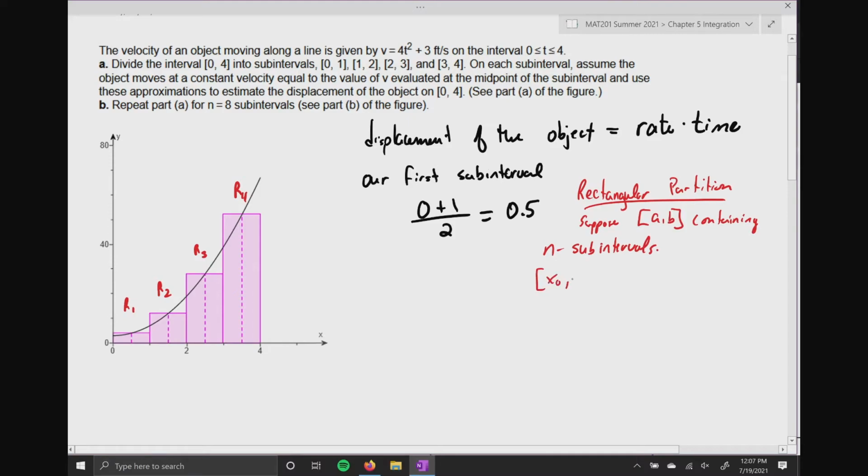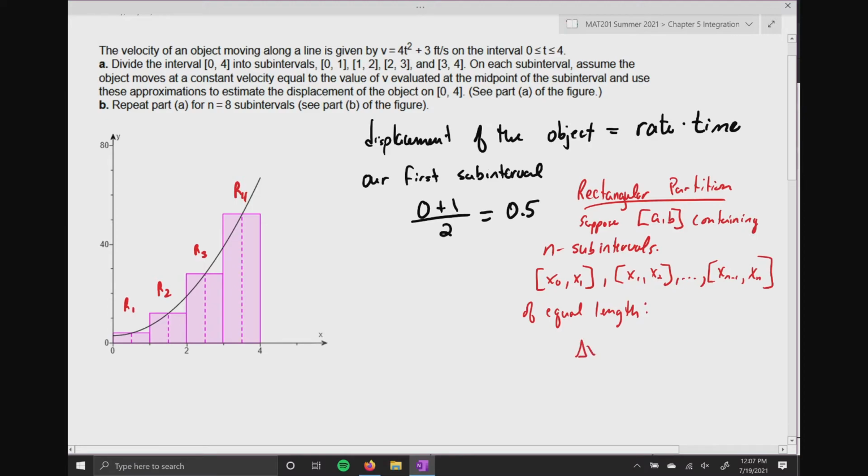We can call these intervals x0 to x1, then x1 to x2, all the way up to x(n minus 1) to xn. And these are all of equal length.